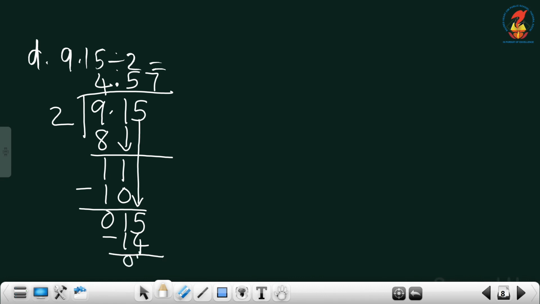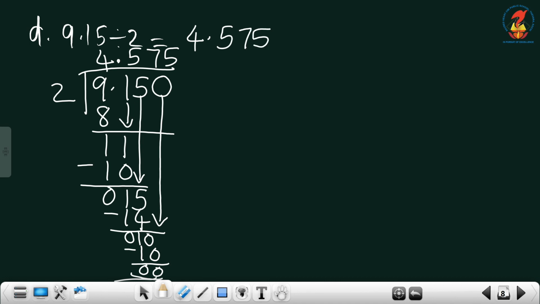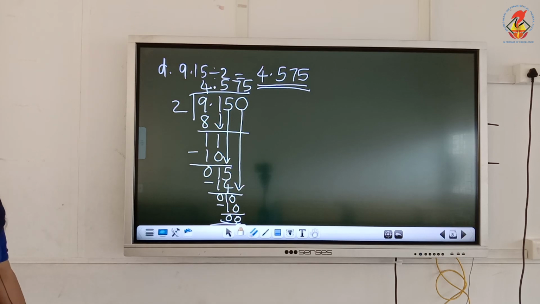And the remainder is 1. And if the remainder comes, we need to add one 0 to the dividend. And after that we can take that digit also down. Then 2 5s are 10. Then the remainder is 0. Then we can stop. And the answer is 4.575, right? Is it clear, children? Okay.